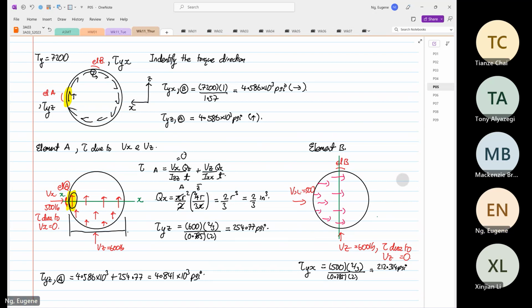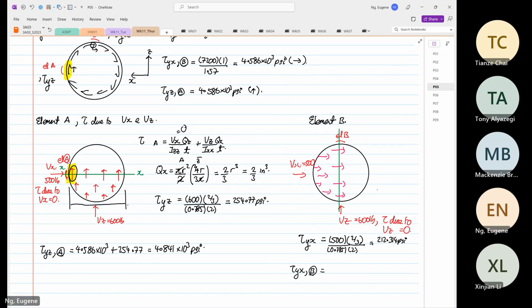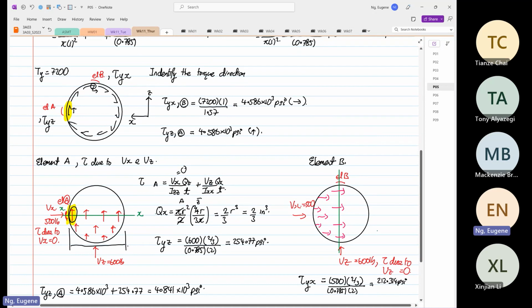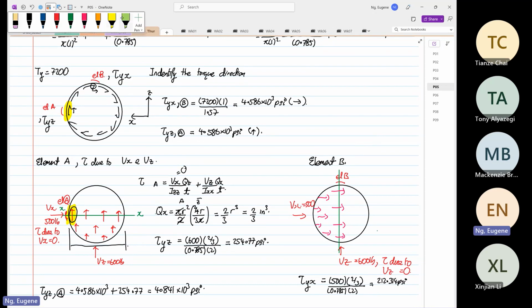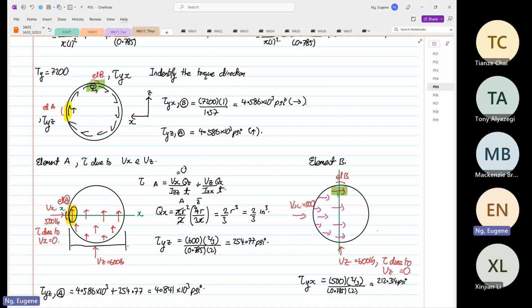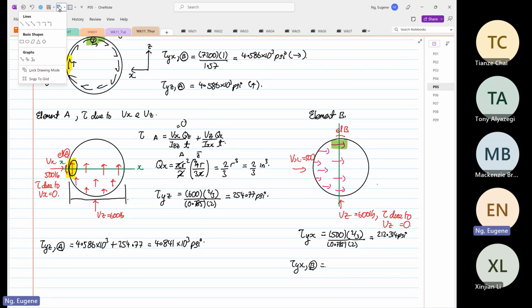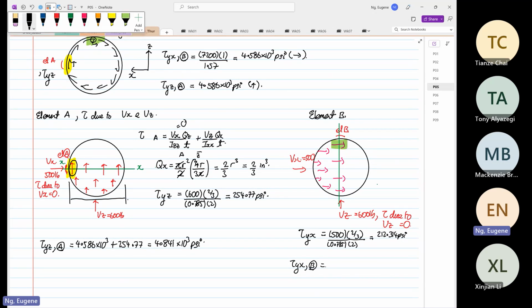Okay, and then the shear YX at point B now, right? And at point B, again, you can see that the shear flow and the torque, I mean, the torque-induced shear stress and the shear flow are in the same direction, right? Because it's the same direction, you add them. If it's different, you minus them.